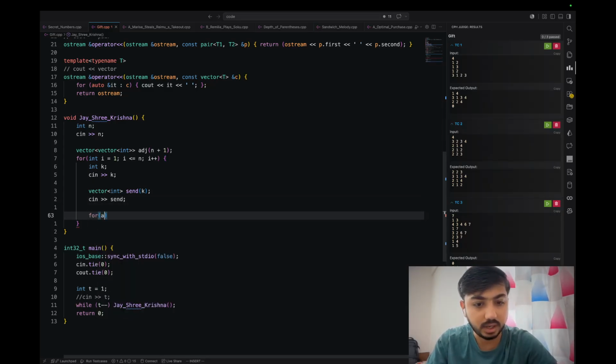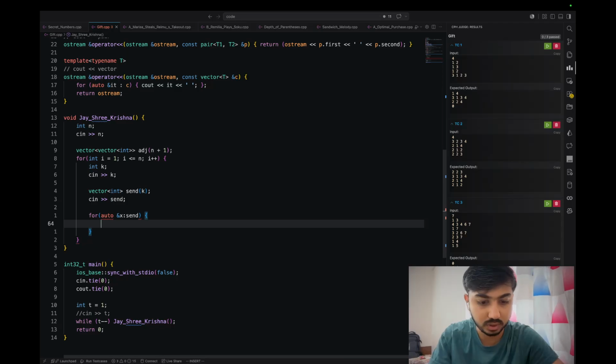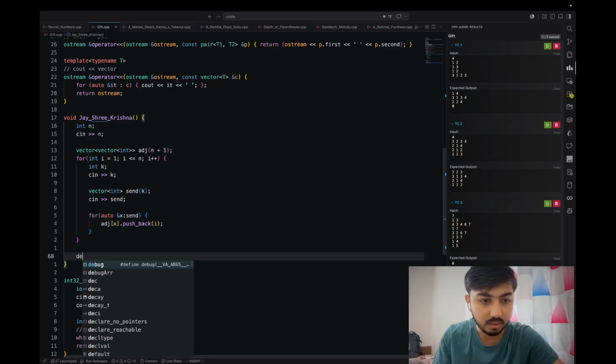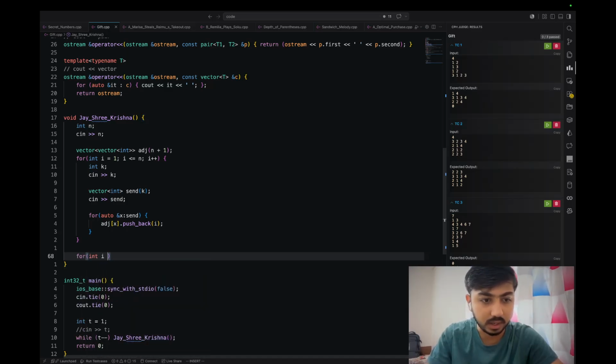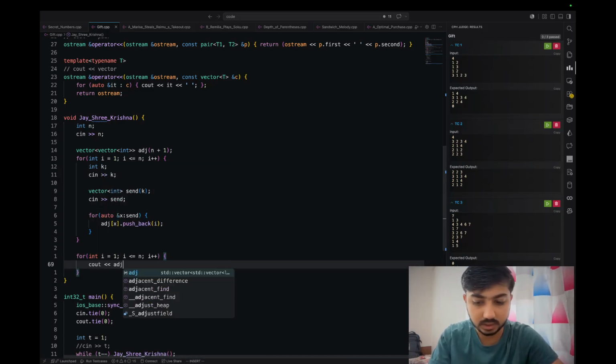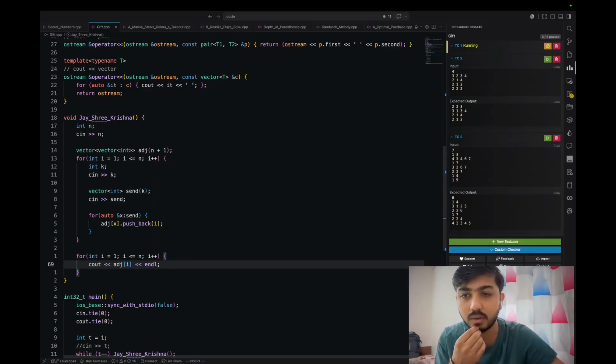So we have to iterate through all the numbers x of send, and we have to push adj of x dot push back i. Yeah, and then for int i equal to 1, i less than or equal to n, i plus plus, we'll do cout adj list of i. This is what we have to print.